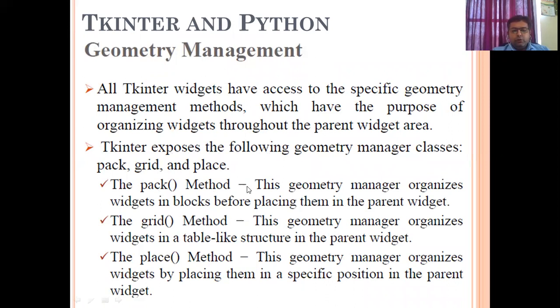The pack method, what is the use of this pack method? This geometry manager organizes the widgets in blocks before placing them into the parent widget. Similarly, the grid method organizes the widgets in a table-like structure, and the place method organizes the widgets by placing them in a specific position. Right. So this is with the help of these three different classes and methods provided by geometry management with the help of Tkinter.